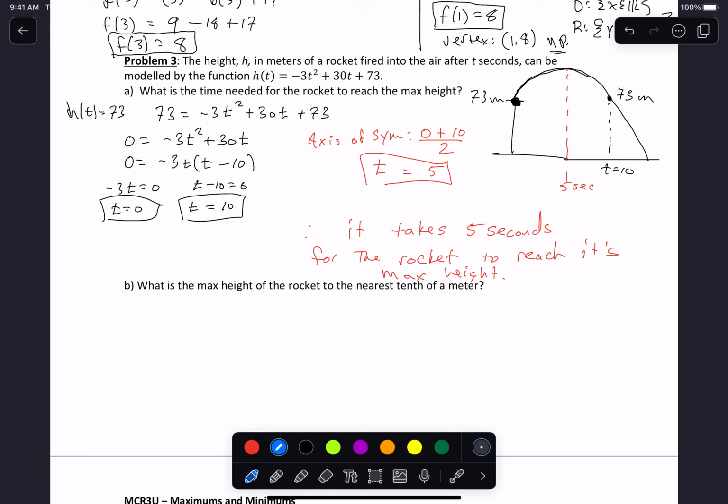Okay, I can solve for the max height by taking my function and evaluating it at any value of x. I just have one in particular where the maximum height occurred at 5 seconds.